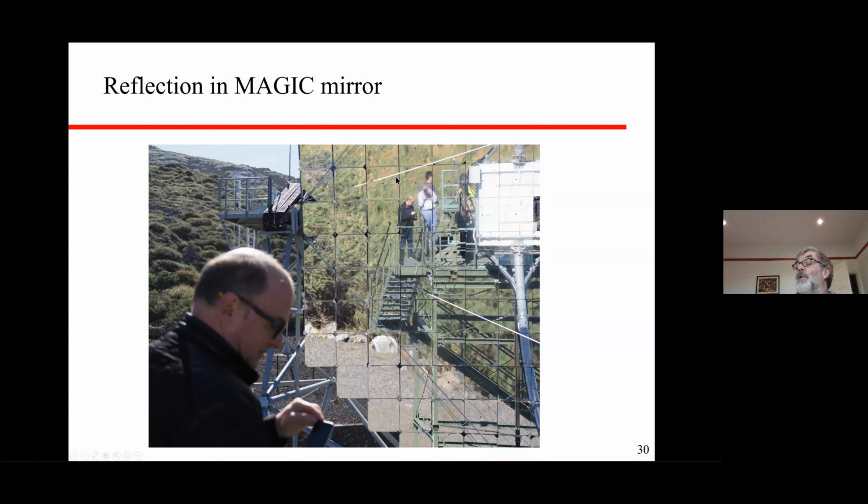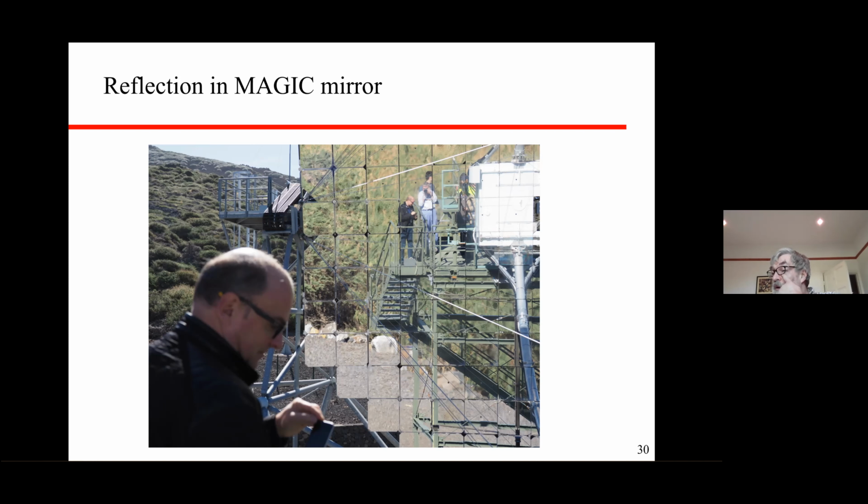And you can see one of the problems that these Cherenkov telescopes have: because they're so large, they can't be easily installed in buildings. That would make them too expensive as well. So they have to stand outside, which means their mirrors are exposed to the atmosphere. And you can see that, for example, this one here doesn't look too good.